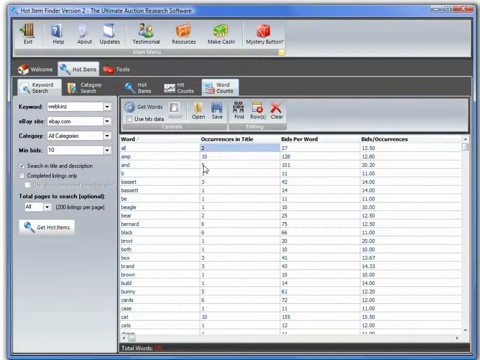Now let's take a look at another word like Bassett. It occurred 3 times and has a total of 42 bids per word. Now what does that mean?